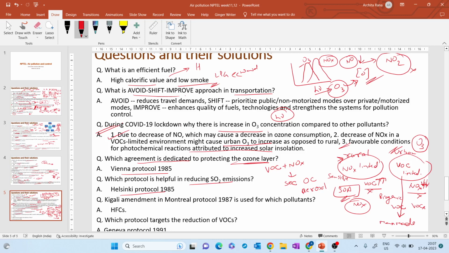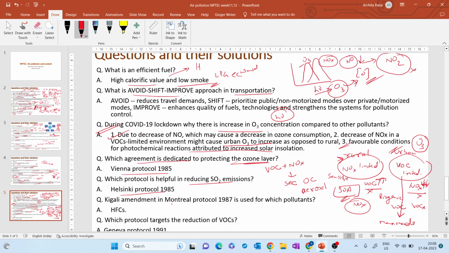So these are things you have to remember; there is no other way. You just remember which protocol is for which emission. So for Helsinki it is SO2, for Vienna it is ozone.